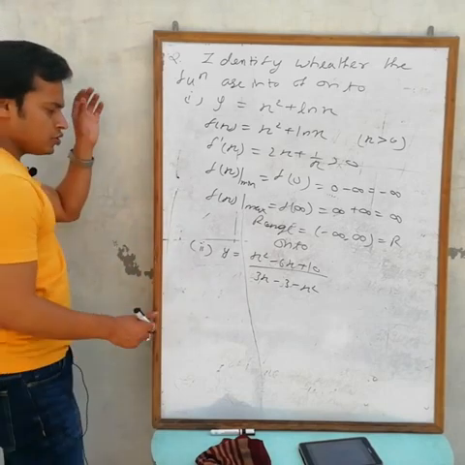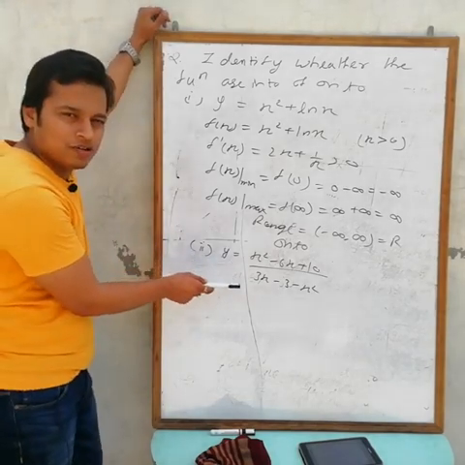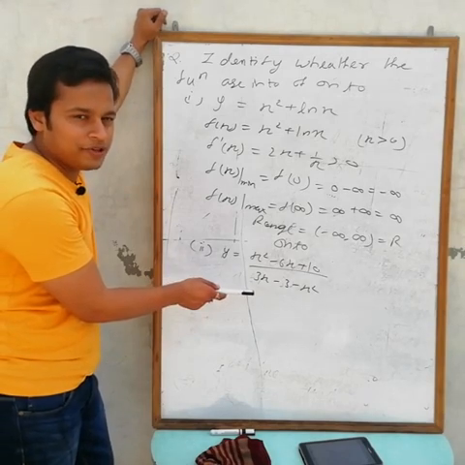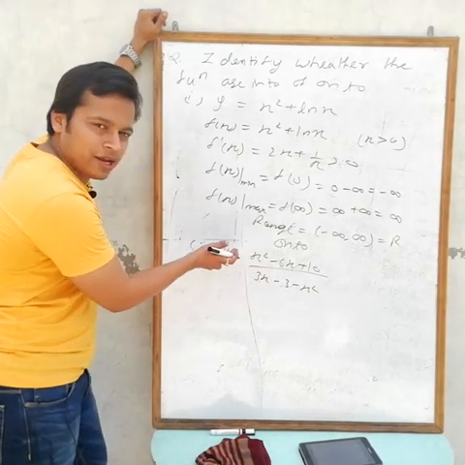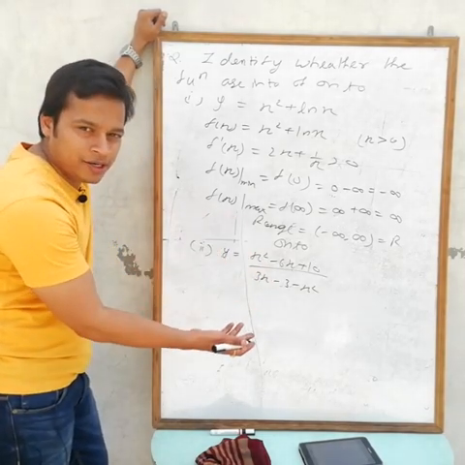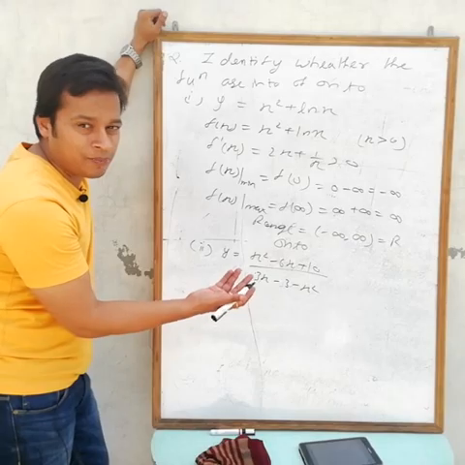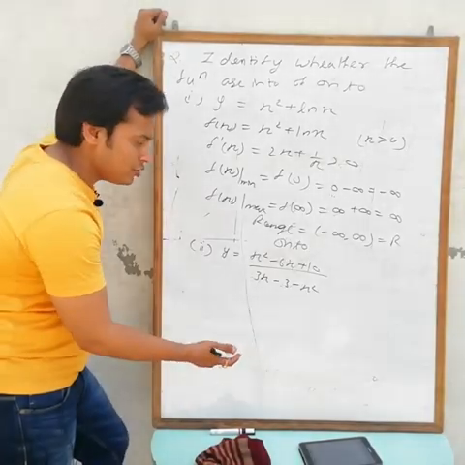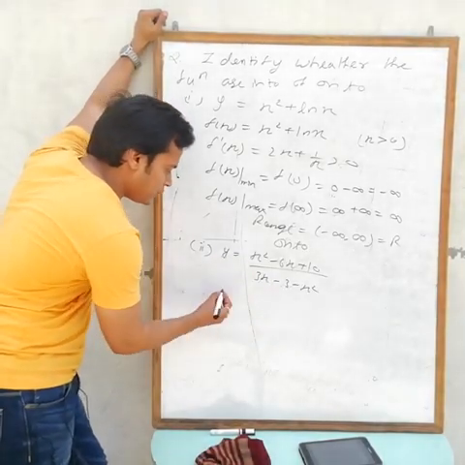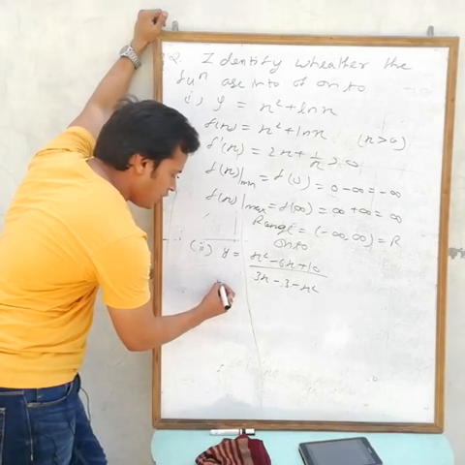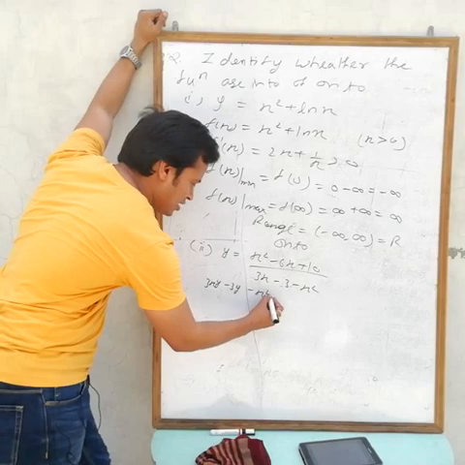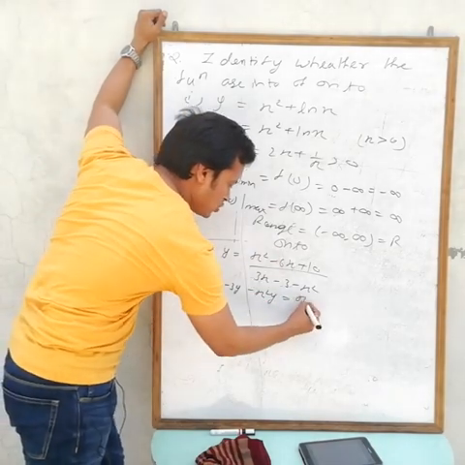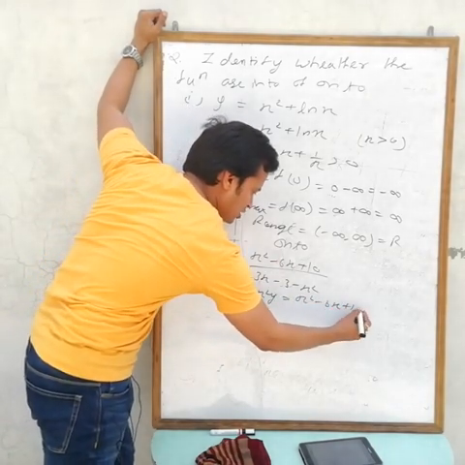So how to find the value of y for this one? In the previous lecture, quadratic by quadratic: multiply this at this side, you will get a quadratic equation in x. Then apply D greater than or equal to 0. So if you multiply this at this side, what we get is y into 3x minus 3y minus x square y equals x square minus 6x plus 10.